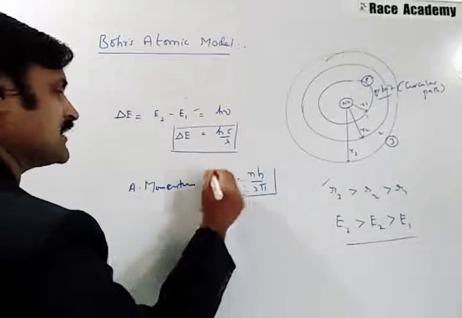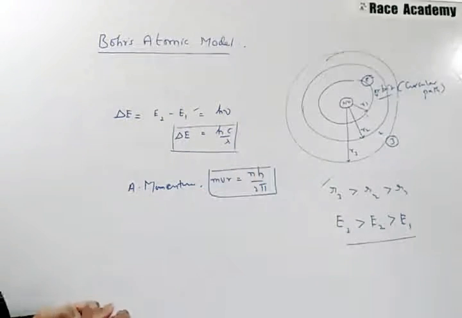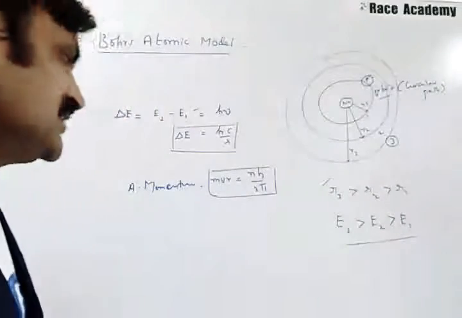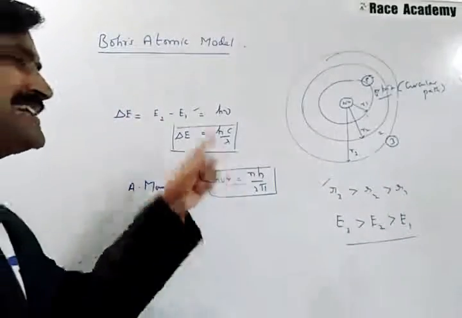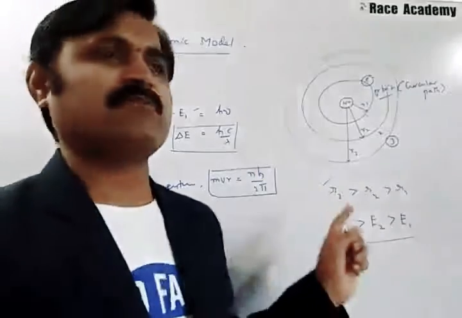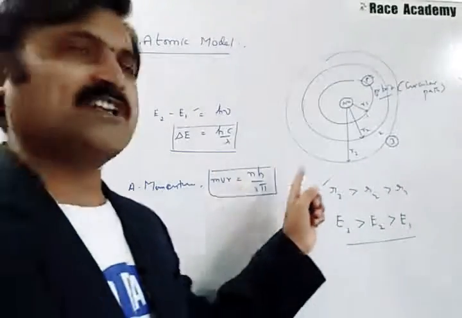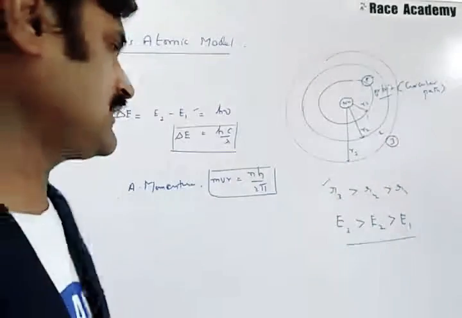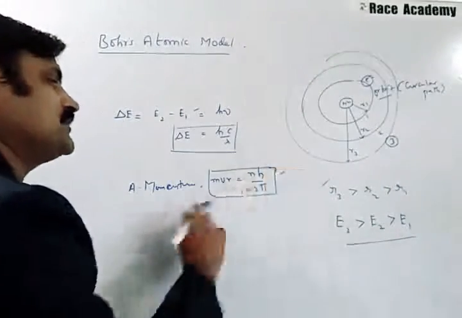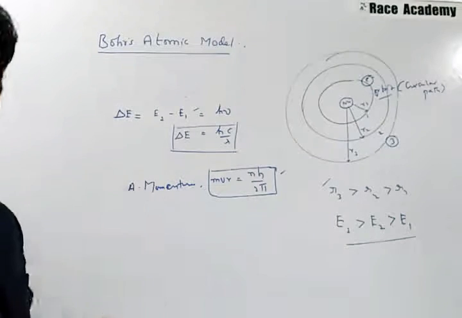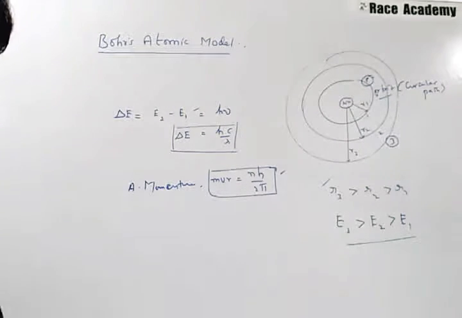Angular momentum is quantized, which is the main postulate of Bohr's theory. If the electron is in the first orbit, the angular momentum value is h by 2 pi; in the second orbit, it is 2h by 2 pi, and so on. This can be resolved from physical concepts, which we can see in higher level classes.